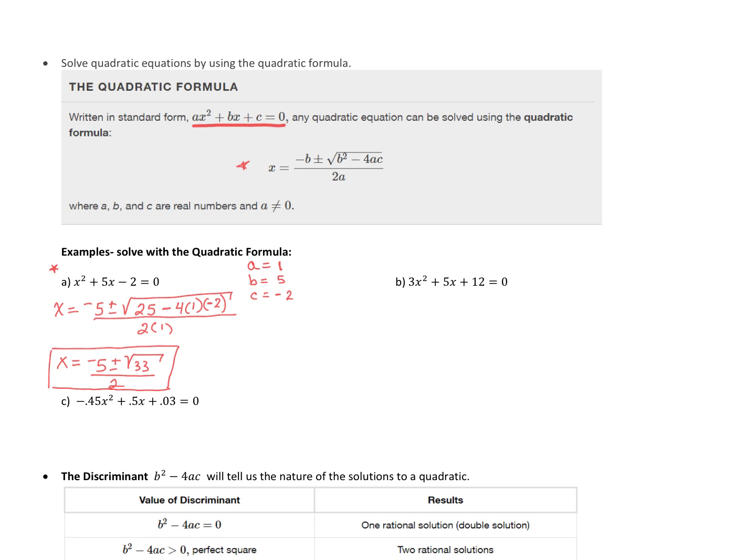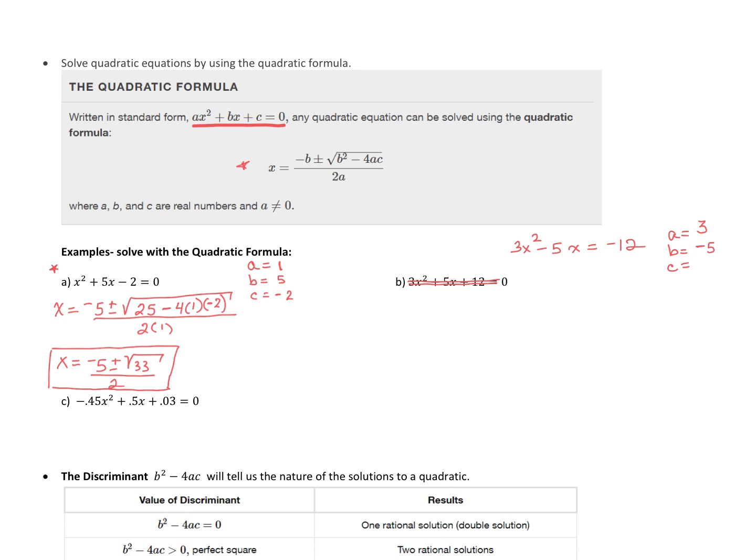Let's take a look at this one. I'm going to change it a little bit. Let's make it 3x squared minus 5x equals negative 12. I'm changing that because I want to illustrate a couple of points. Let's identify our a, b, and c coefficients. A is 3, the coefficient of the squared term. B is negative 5.